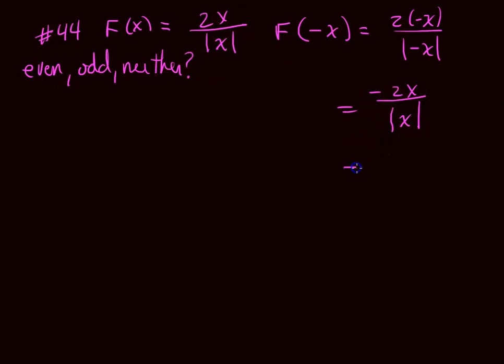So if I rewrite this, it's negative 2x over the absolute value of x, which is the original problem. And that's what you want to see. How has it changed from f of x? Well, this goes from f of x to a negative f of x. And when it does that, that's an odd function.